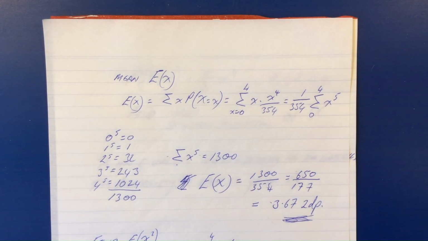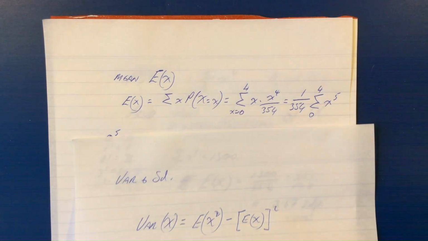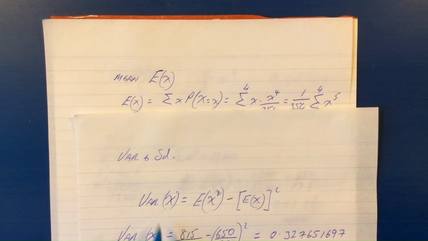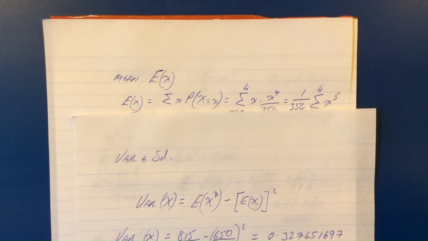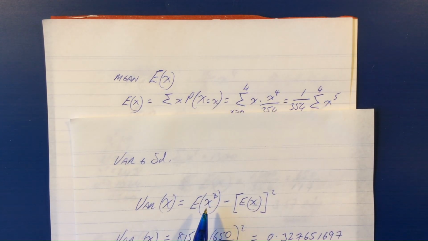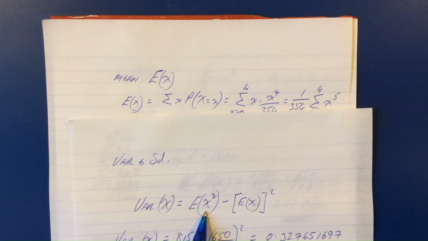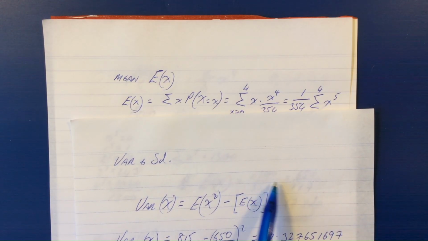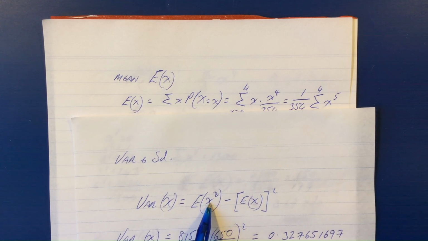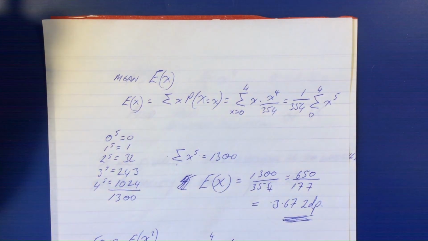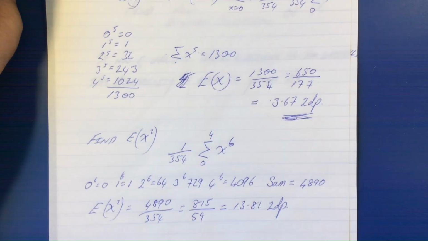Now, in order to find the standard deviation, we need to have a quick look at the formula for the variance, because the standard deviation is the square root of the variance, and we need to calculate this, the expected value of x squared, as opposed to the expected value of x all squared. Now this is each part of this squared. Right. So let's do that.